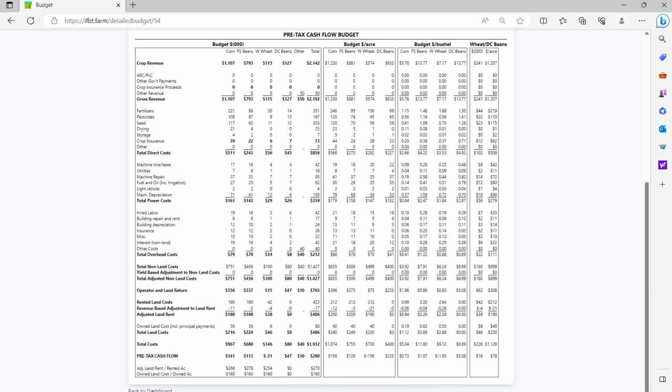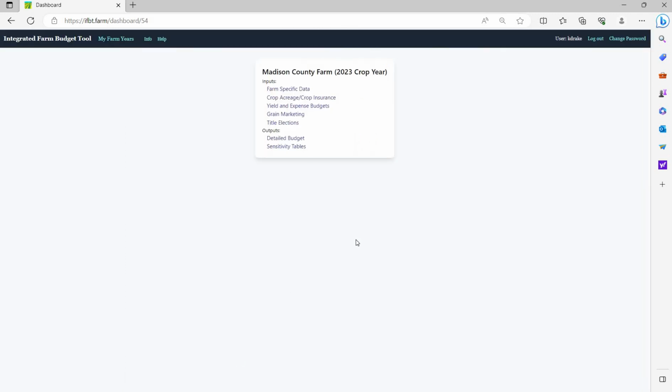So now let's look at that from the standpoint of our sensitivity tables. And what you'll see is, as expected, there'll be a trade-off. Costs will be a little lower when prices and yields are lower, and costs will be a little higher when prices and yields are higher.